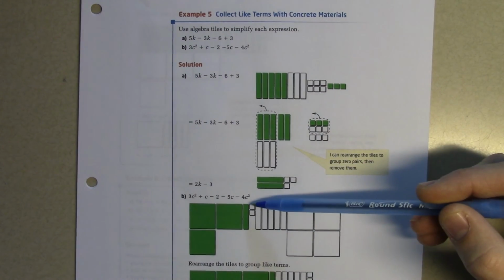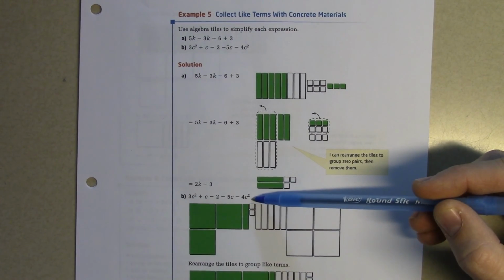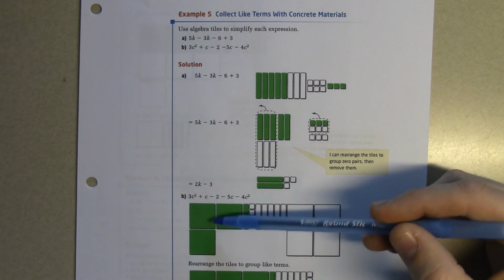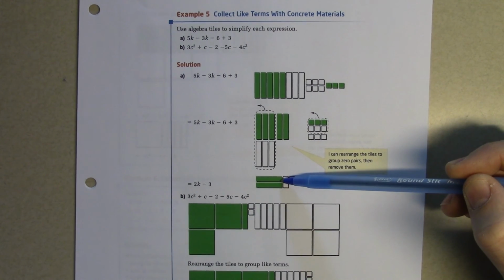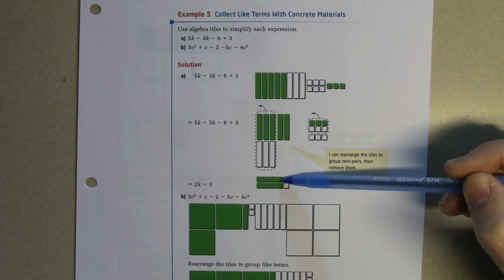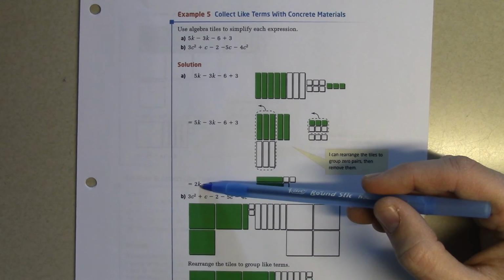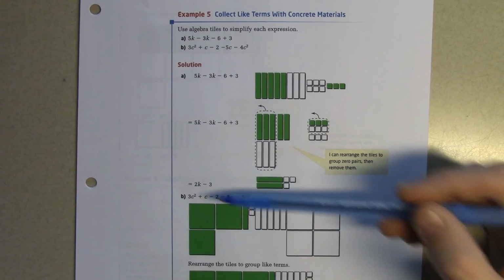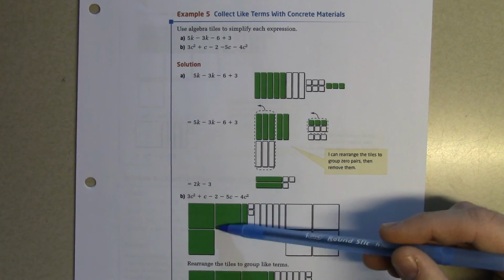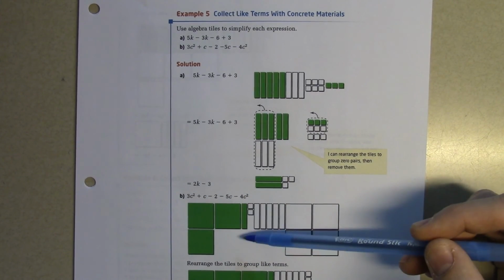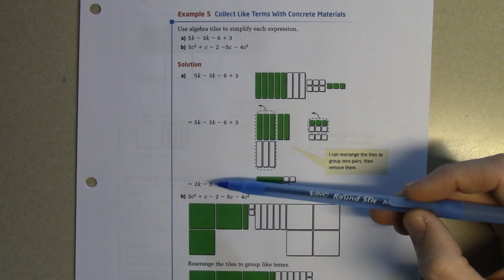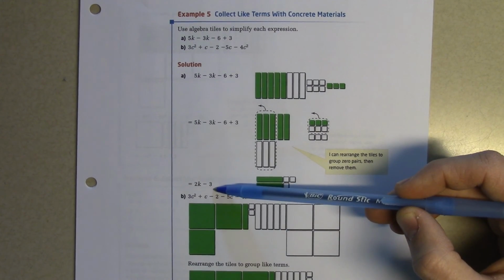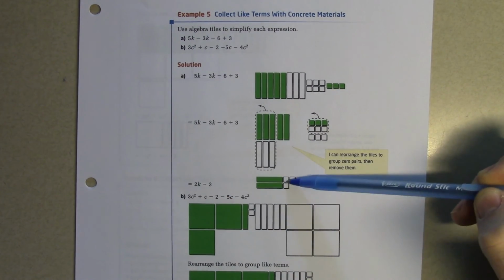So when they have a square term, like this c squared term, they use these big square blocks. So these L blocks are represented by just the variable itself with an exponent of 1. If it's a squared variable, they'll use a big square block. And if it's just a constant or a number, they use this little tiny block.